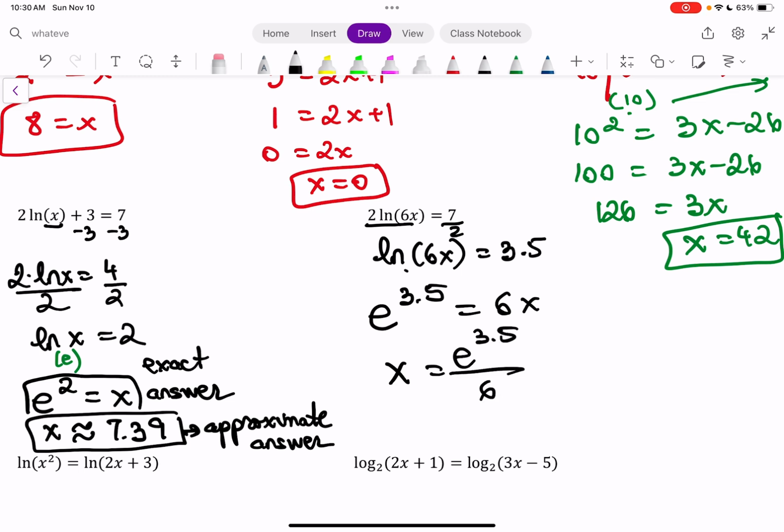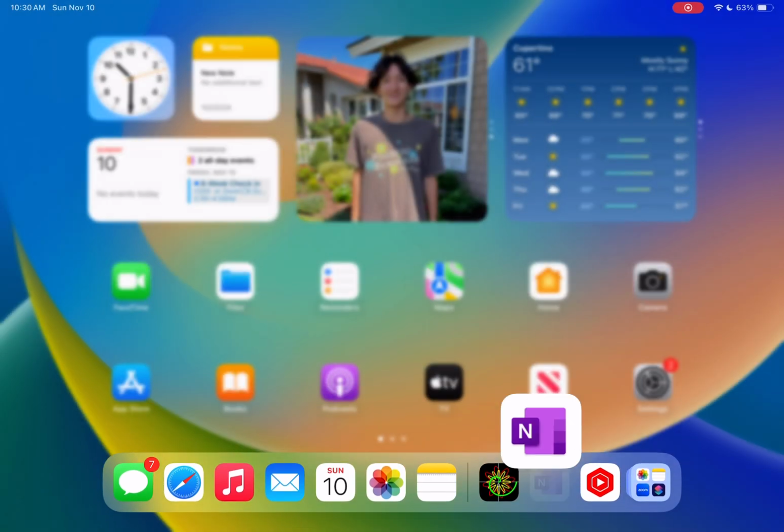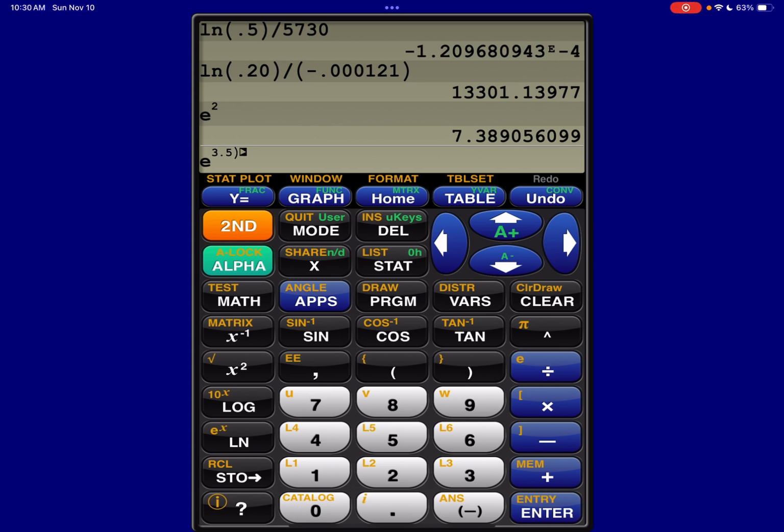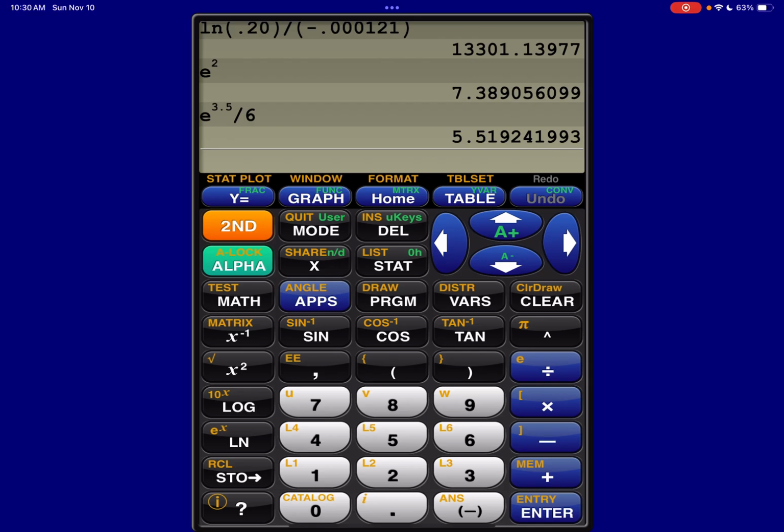So again, you can leave this as an exact answer, or you can give me the approximation coming out of the calculator. Divided by 6, we said. Okay, so 5.52.